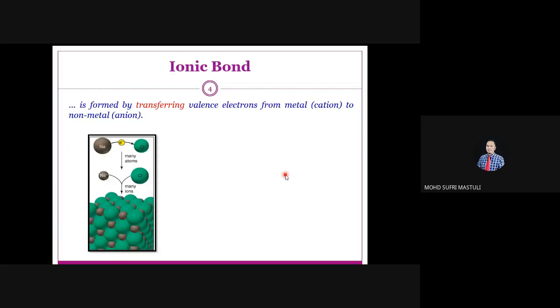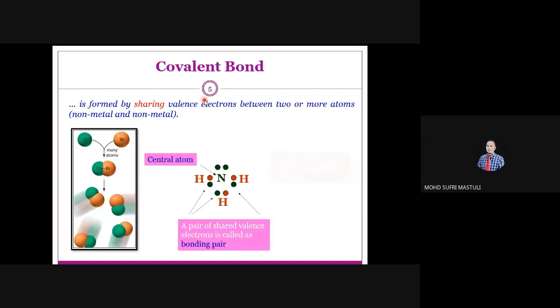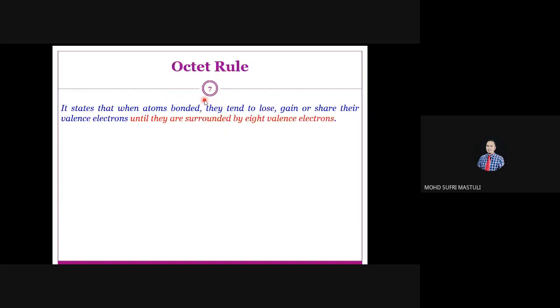So try to understand the formation of ionic bonding and of covalent bonding, identify the central atom, bonding pair, and lone pair, and know what the Lewis symbol and the octet rule are.